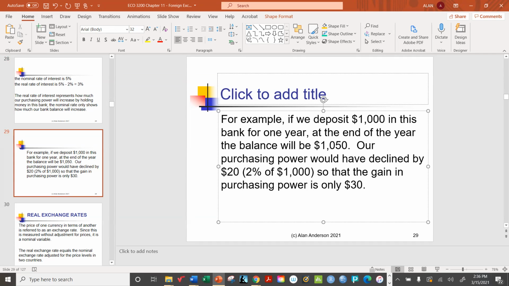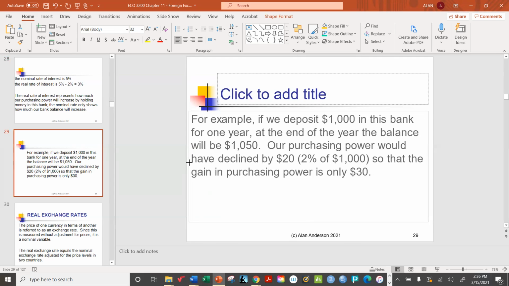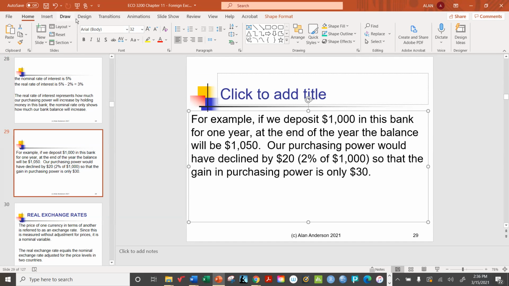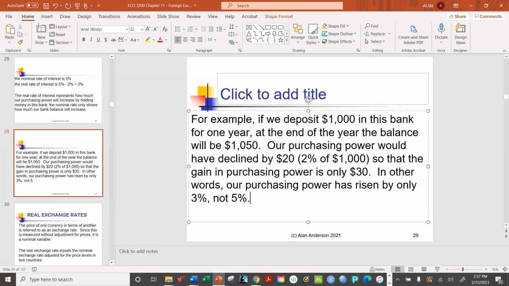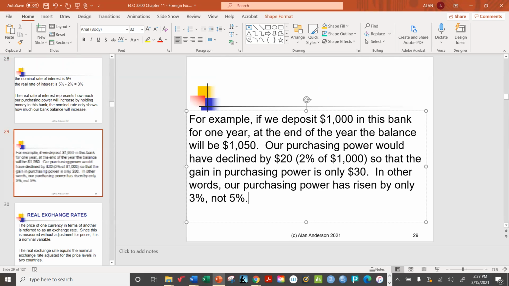Okay, so in other words, yes, we have $50 more in actual money, but because our purchasing power has fallen by 2% or $20, the gain in purchasing power is actually only 30. So that's why we would say that we have a 3% real rate of return, in the sense that our purchasing power has risen by only 3%, not 5%. And that's because inflation eroded our purchasing power by 2%.